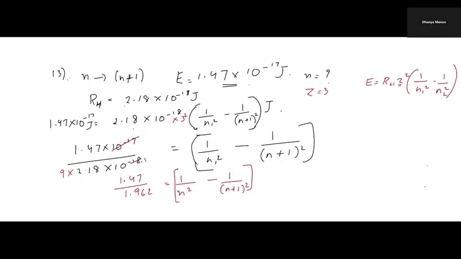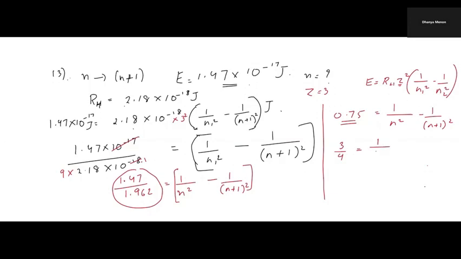If we calculate this value, 1.47 by 1.962 roughly comes to 0.75. Now 0.75 we can write as 3 by 4, to make the calculation easy: 3 by 4 equals 1 by n square minus 1 by n plus 1 the whole square.